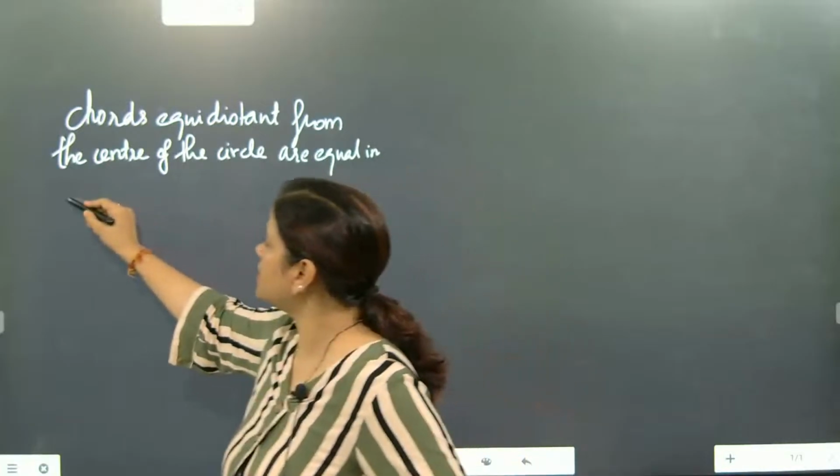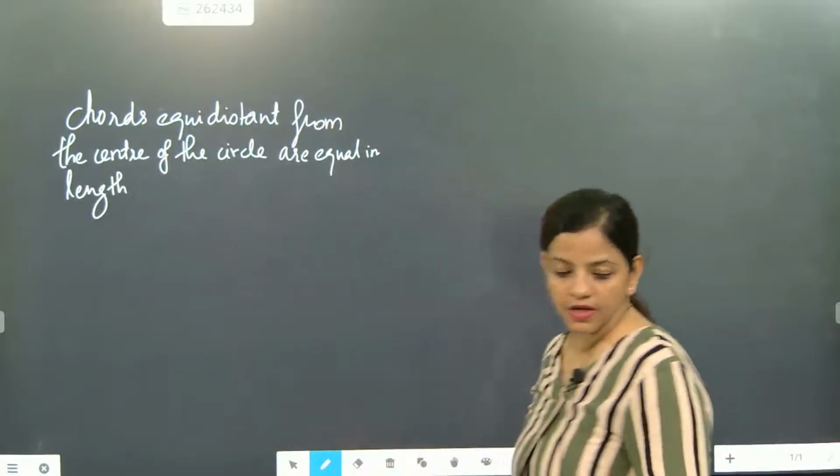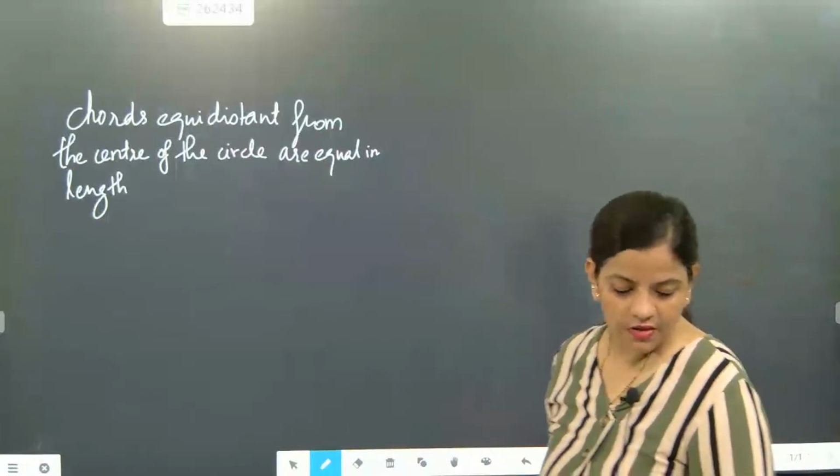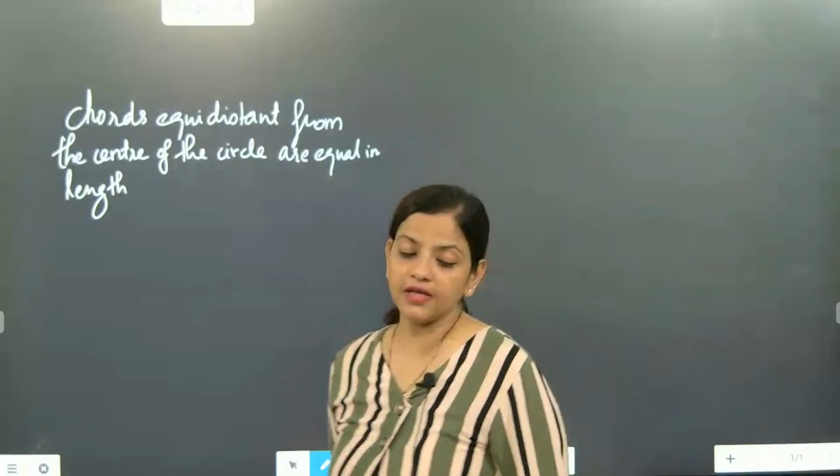Note down: chords equidistant from the center of a circle are equal in length.